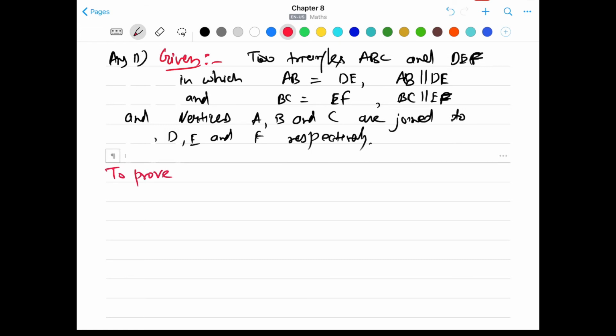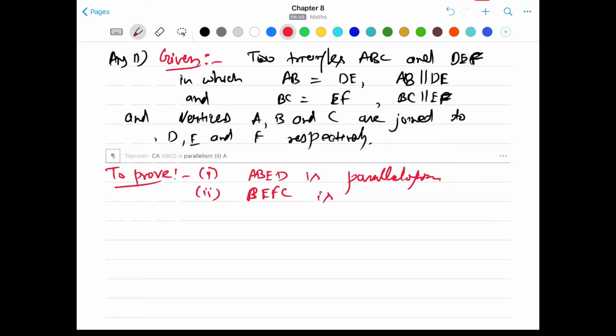So let's try to prove. First we have to prove that ABED is a parallelogram. Second, we have to prove that BEFC is also a parallelogram. Then third, we have to prove that AD is parallel to CF, and also AD is equal to CF.